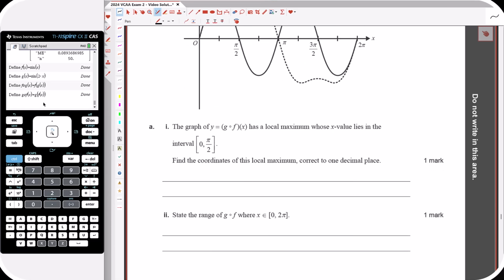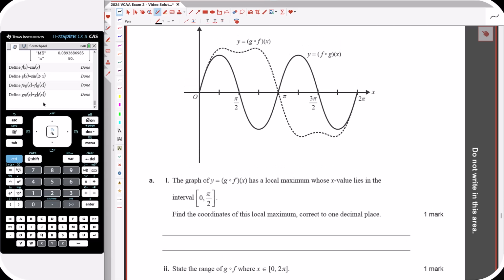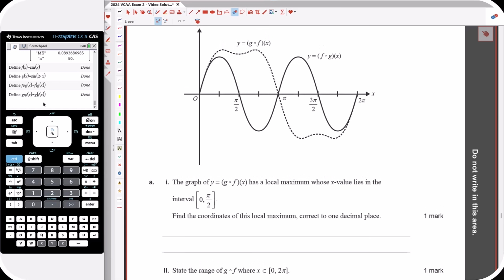The graph of g of f of x has a local maximum whose x value lies in the interval 0 to 2 pi. So we're looking at this one here. Find the coordinates of the local maximum correct to one decimal place. Okay, so let's see what happens. We could solve derivative of g of f equals 0 for x.